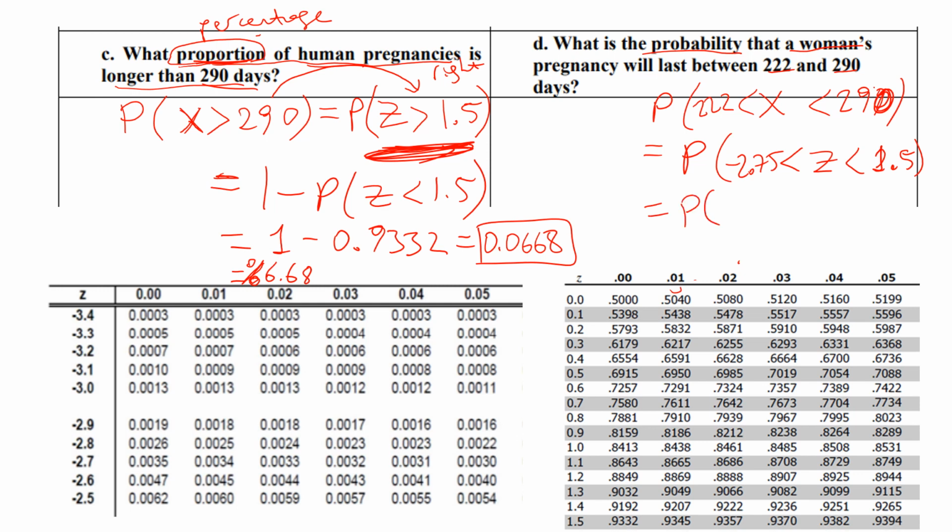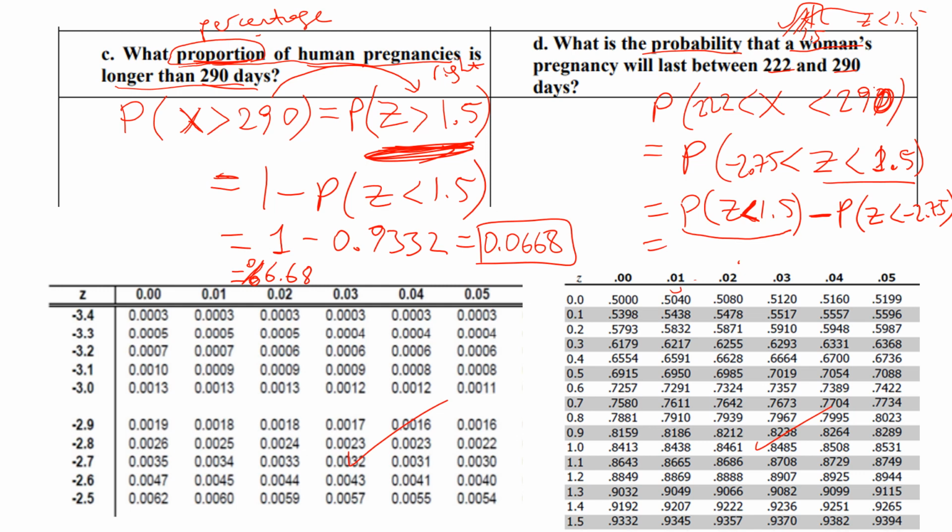If you have an interval like this, you will write this one first: Z is less than 1.5, minus Z less than negative 2.75. From the table for the positive values, we can use the table safely because Z less than 1.5 means the left part, and these tables are giving us the left side.